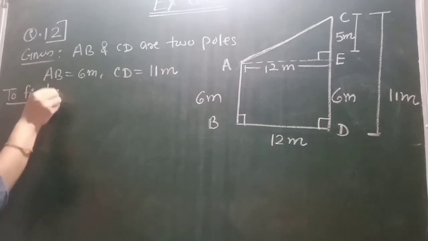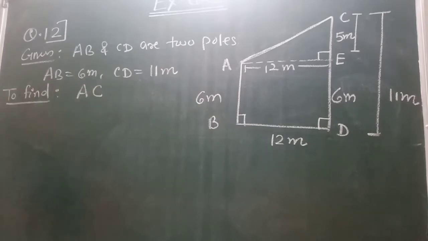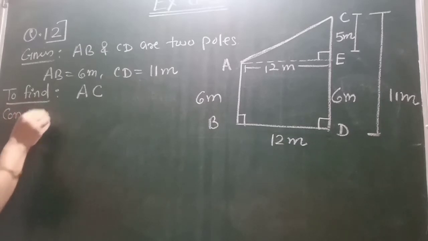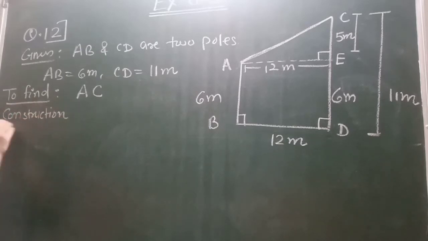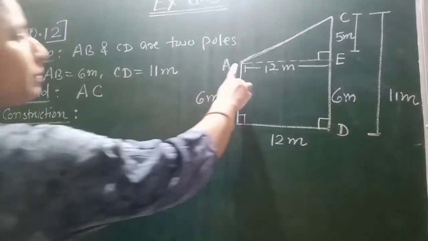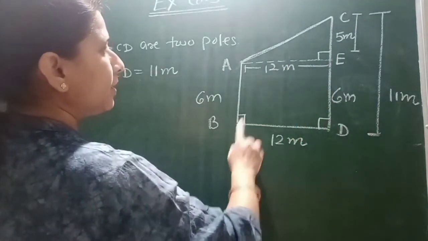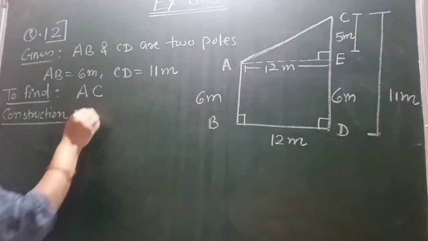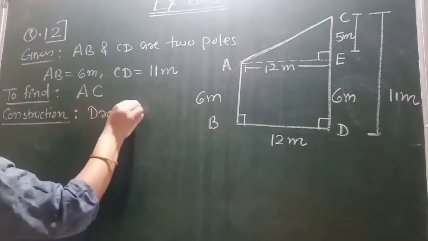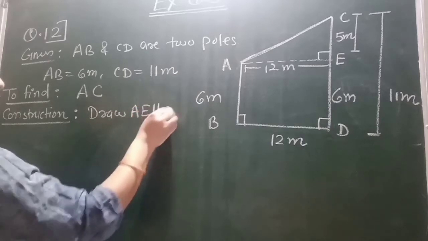We have to find the length of AC. What construction we are doing here? Yes, we are making a parallel line AE which is parallel to BD. Draw AE parallel to BD.